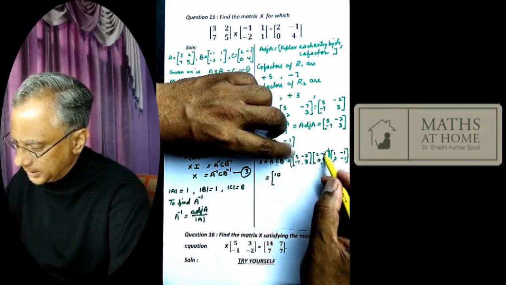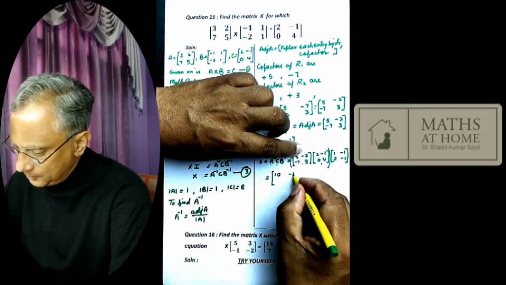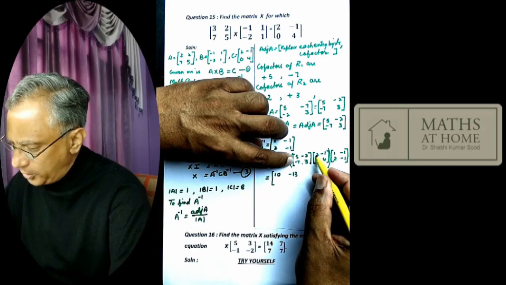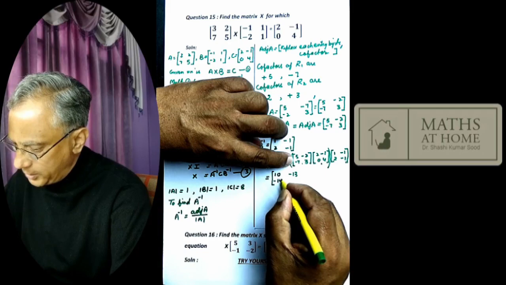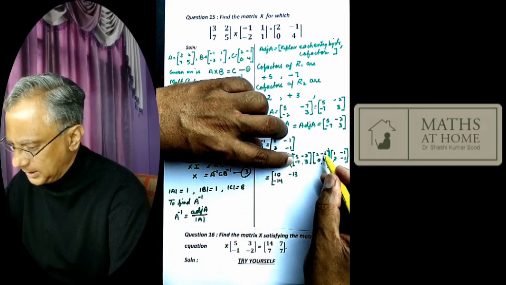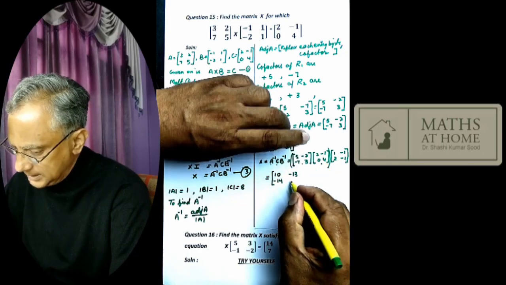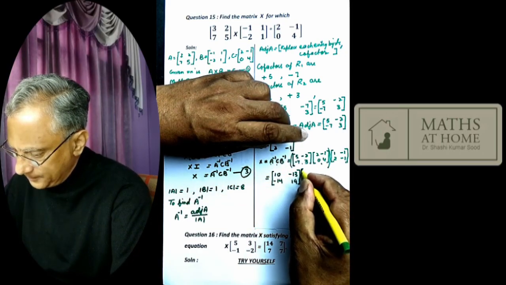Now this into this, minus 5 minus 8, minus 13. This into this is minus 14 plus 0. This into this, minus minus plus 7 plus 12. This is 19. So we get this.